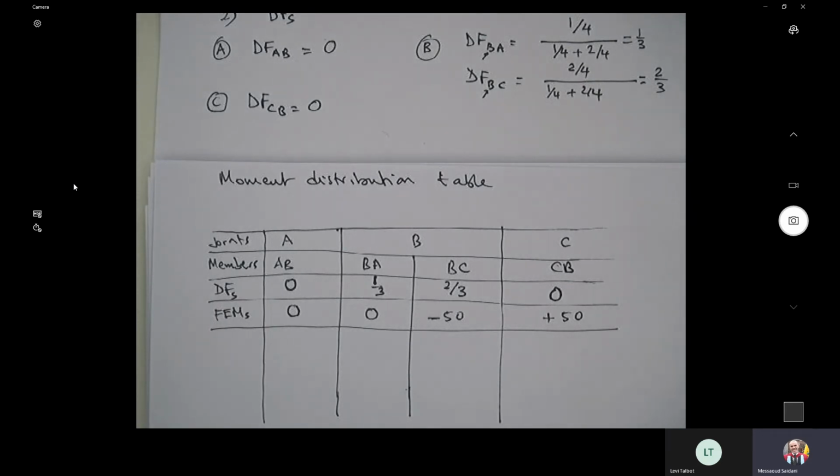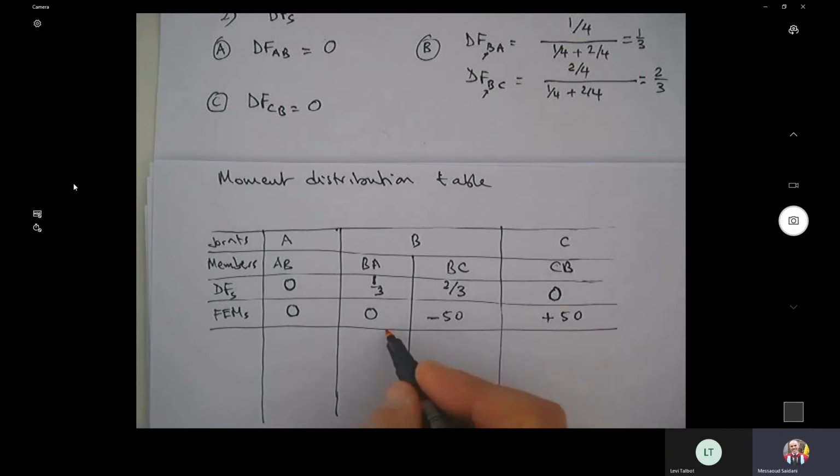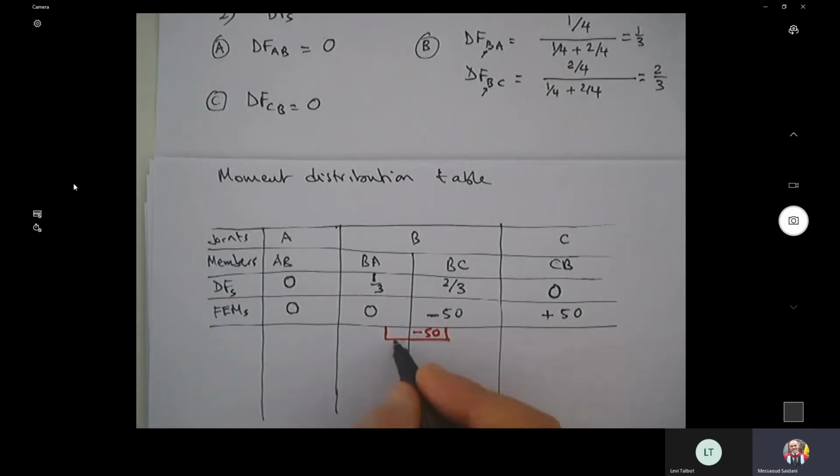And we have an out of balance here. We have an out of balance of minus 50. So the balancing moment is plus 50. Yeah? So the balancing is plus 50 to give you equilibrium. Okay? So therefore, what we do, we take the balancing moment, so we change the sign here.